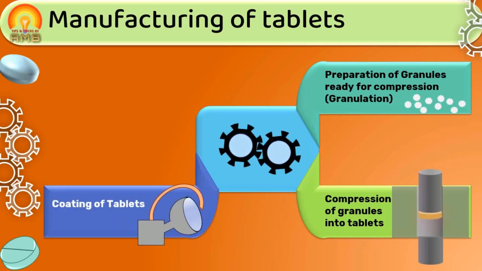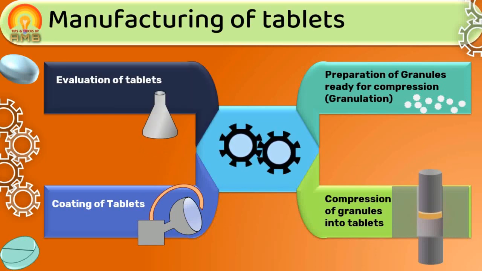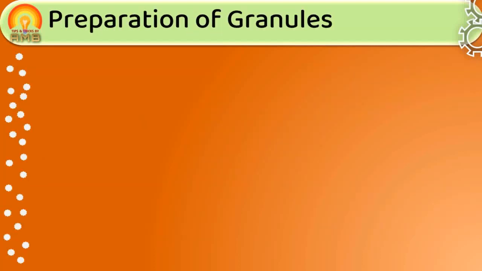Next is coating of tablets, and finally evaluation of tablets. In this presentation, we are discussing first step of manufacturing of tablets, that is preparation of granules ready for compression.